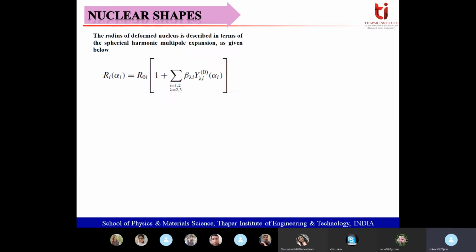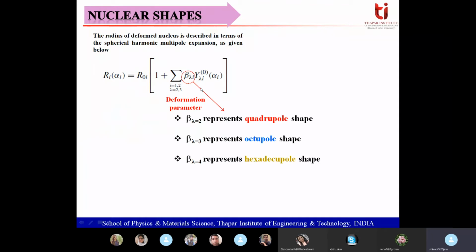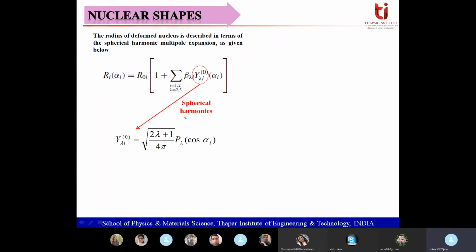All right. Mathematically, when we define the nuclear radius or nuclear surface, such an expression is used, which is very well known and is expressed in terms of spherical harmonic functions. Here, the first term is the radius equivalent to the radius of the spherical nucleus, and the second term, beta lambda, is the deformation parameter. Lambda defines the shape we consider, and Y lambda is the spherical harmonic function.